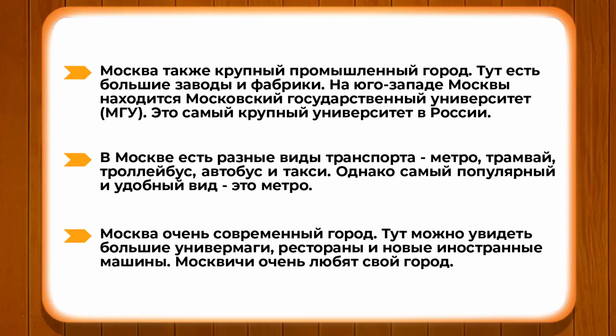And finally we are saying that Muscovites love their city very much. So I hope you have found this text very interesting, and we will be discussing it in detail in our upcoming modules. Thank you.